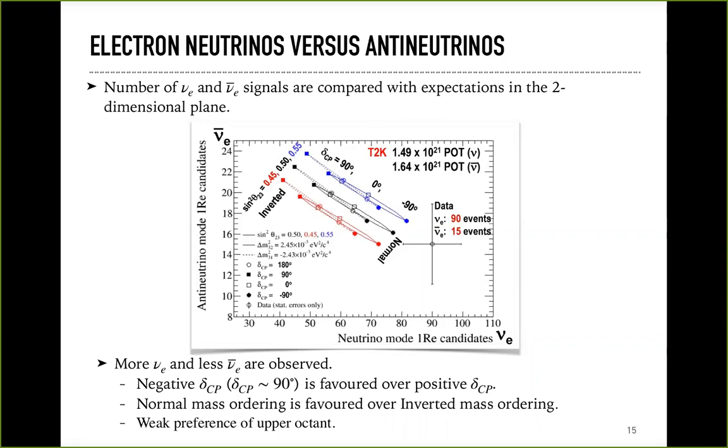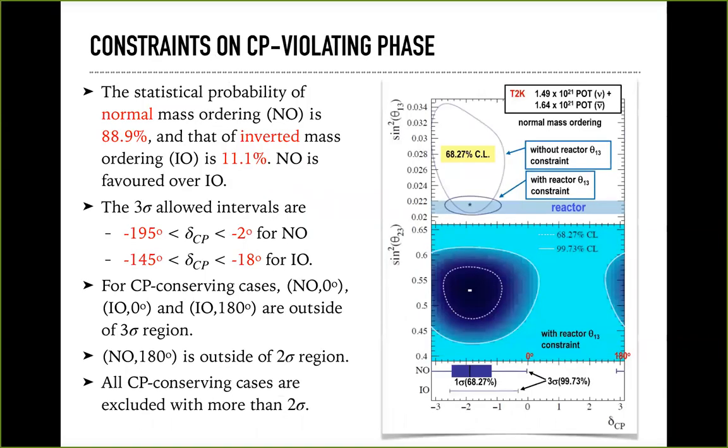If you move on to the next slide, please. So more on the CP violating phase. I just highlight what the main results here are: you can for the first time set 3 sigma intervals for delta CP. You can exclude the CP conserving cases at 2 sigma, actually at 3 sigma except for one case that is normal ordering at 180 degrees.